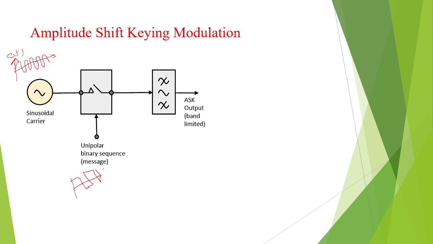Both signals are modulated and transmitted. After this, you will get the required output. For binary one it has some output voltage, and for binary zero it has zero. It is shifting between 0 and 1. Like this, it is the ASK output, the amplitude shift keying output.